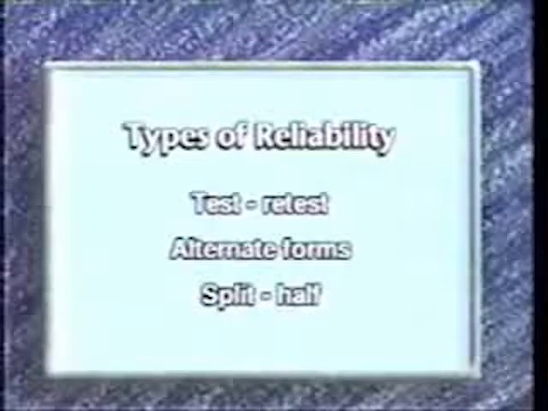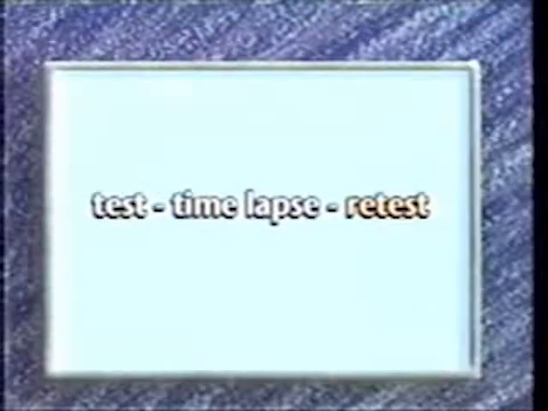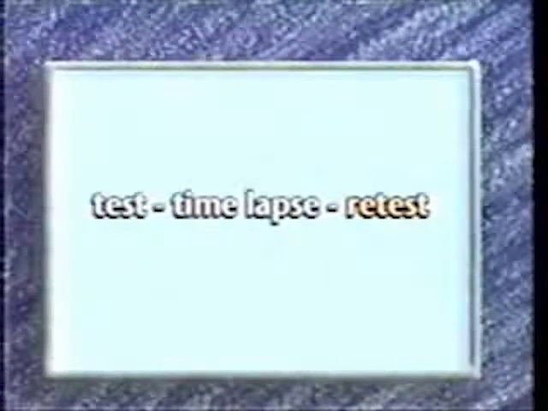In test-retest reliability, a test is given, a period of time elapses, and a retest is given. This type of reliability is called the coefficient of stability. It provides an indication of the stability with which the test will measure.